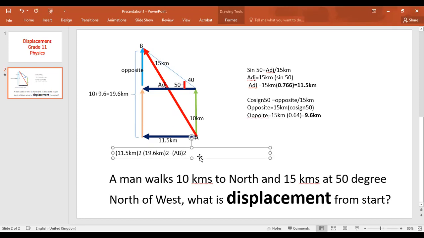Anyways, let's calculate 11.5 times 11.5. 11.5 times 11.5 gives you 132.25, which is equal to 132.25 kilometer square.